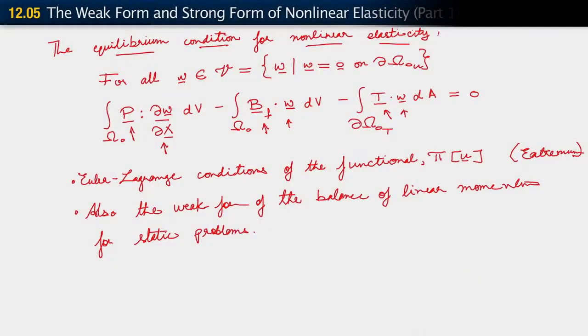We are going to invoke integration by parts. And in particular, we are going to apply integration by parts on this integral. So, we are going to go to another slide, and we are going to apply integration by parts.